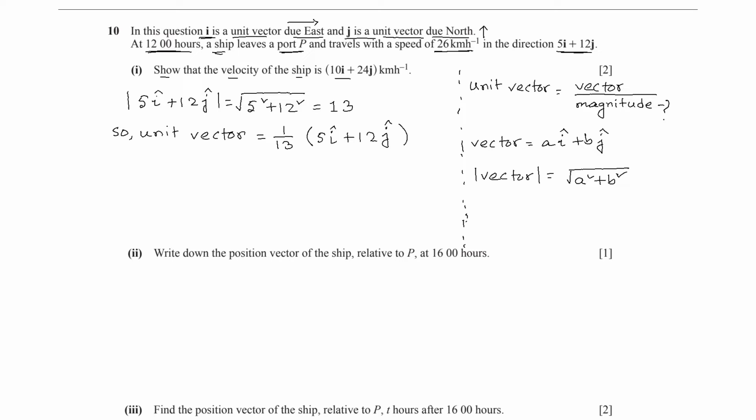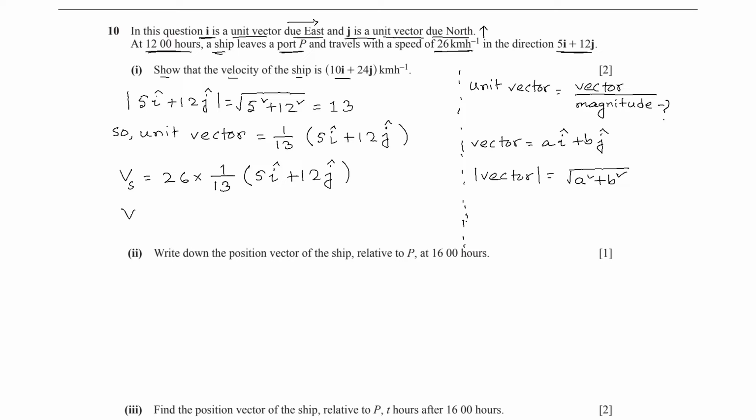Now we need to multiply by the magnitude, which here is 26 km per hour. So let's say that the velocity of the ship is vs, so it would be equal to 26 times the unit vector, that is 1 over 13 times 5i plus 12j.